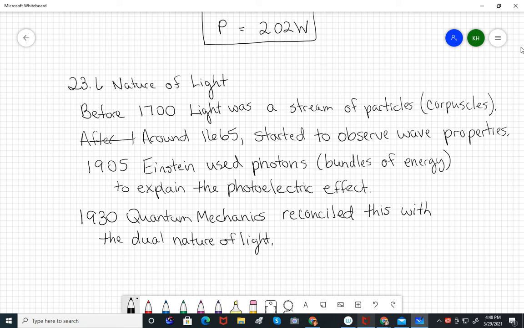Light has wave-particle duality. You really cannot understand light if you try to think of it exclusively as particles. It doesn't work. If you try to think of it exclusively as waves, it does not work.